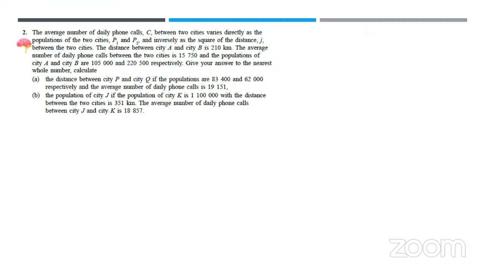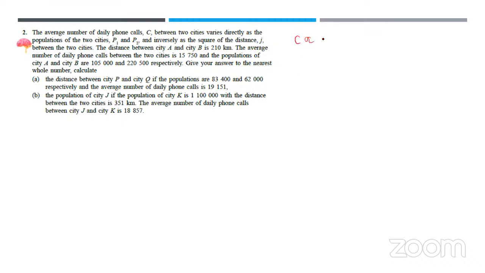So upon reading all of that information, it's really not that easy to take all of it in at once. So what I like to do when answering questions like these is to take it bit by bit. We know that the average number of daily phone calls C is directly proportional, or varies directly, as the populations of two cities P1 and P2. So let's just write that down.